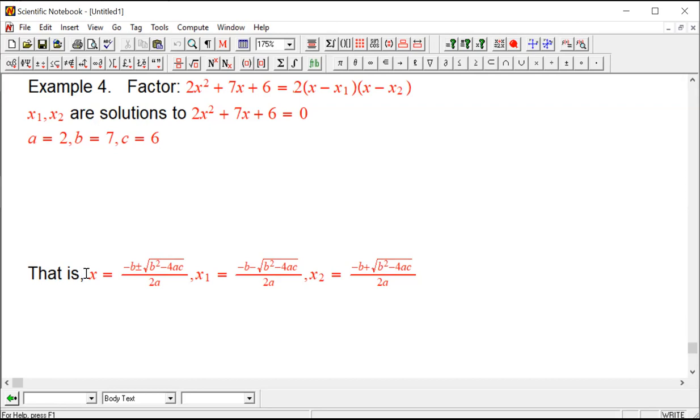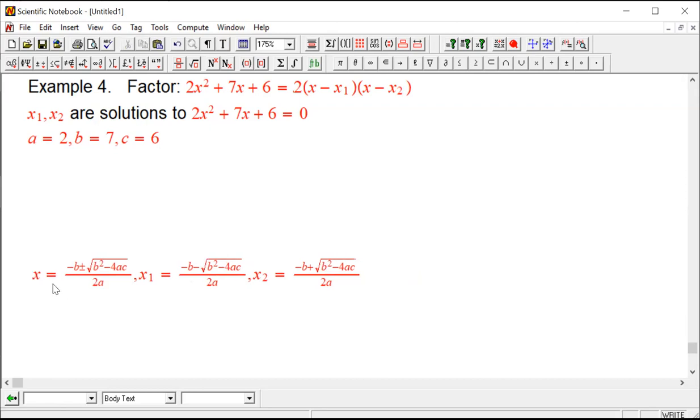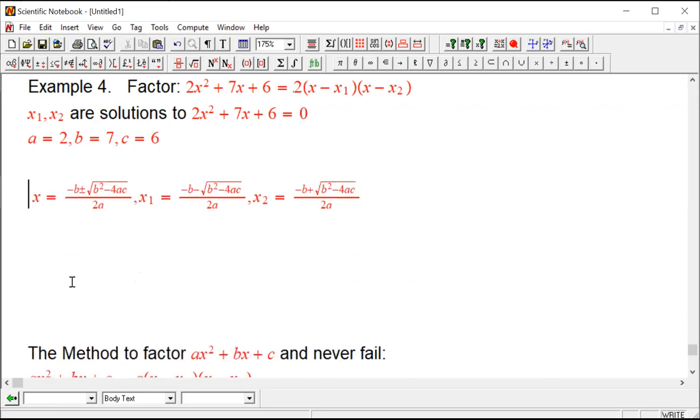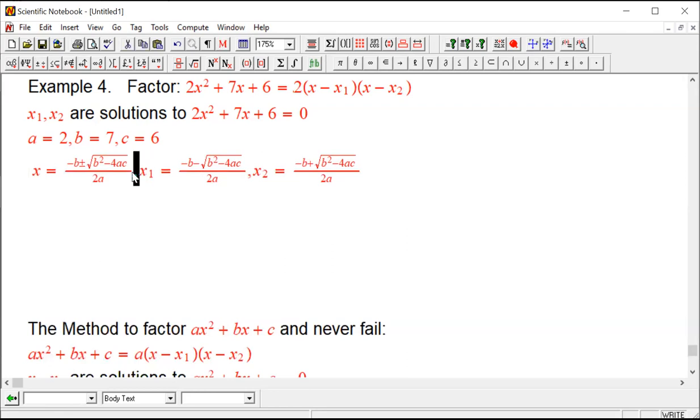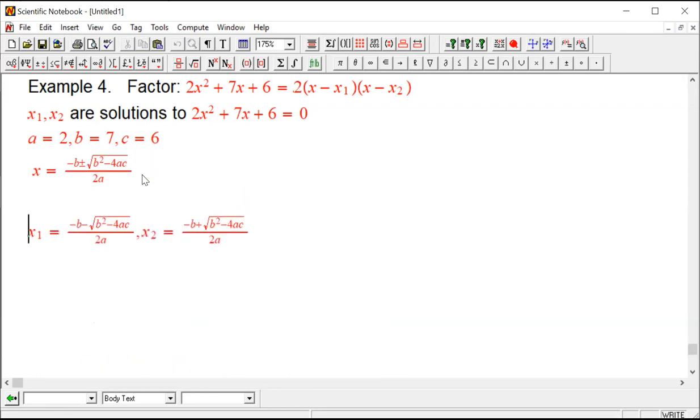So now let's do it. We're going to have x1, x2 wait for us. So negative b is -7 plus or minus the square root of 7 squared minus 4 times a is 2, c is 6, over 2a.